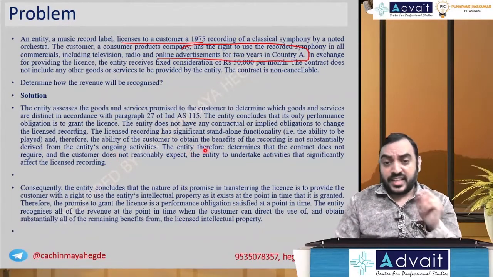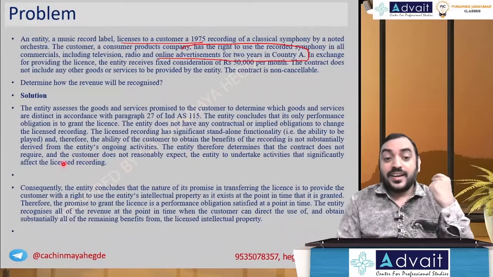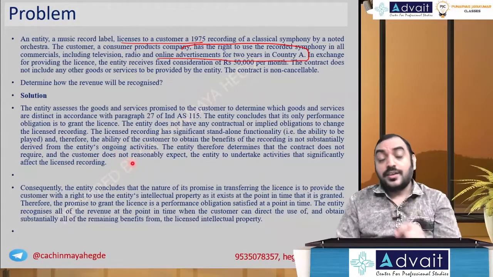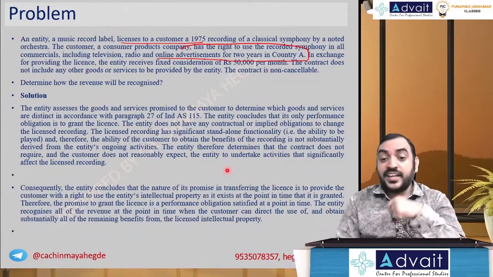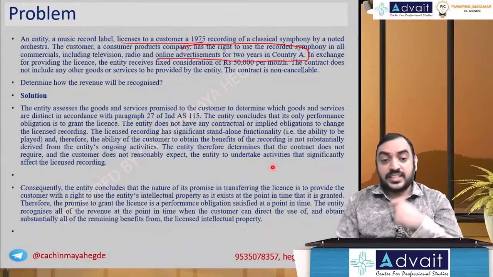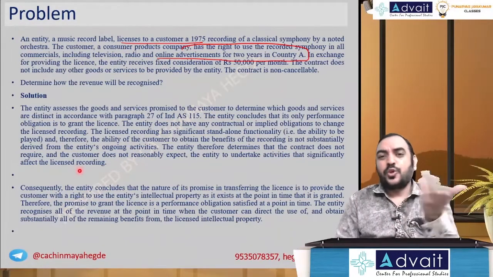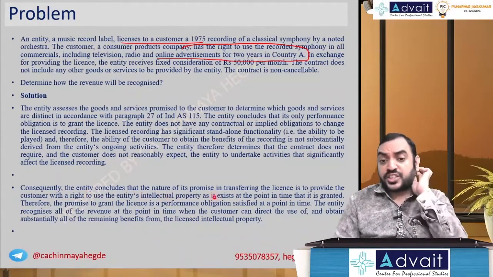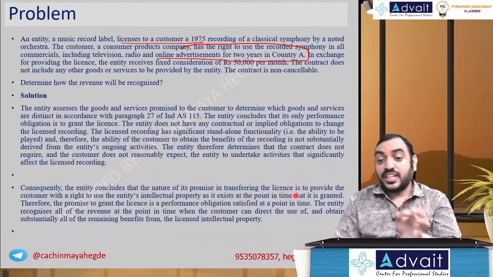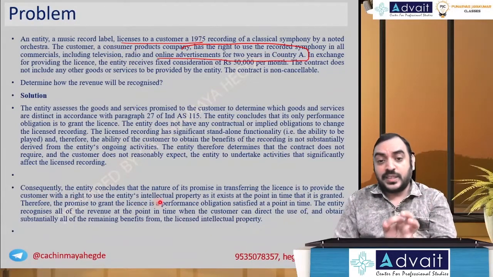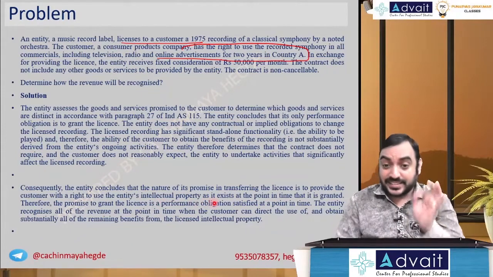Entity therefore determines that the contract does not require, and the customer does not reasonably expect, the entity to undertake activities that significantly affect the license recording. No further activities required. Consequently, the entity concludes that the nature of its promise in transferring the license is to provide the customer with the right to use the entity's intellectual property as it exists.